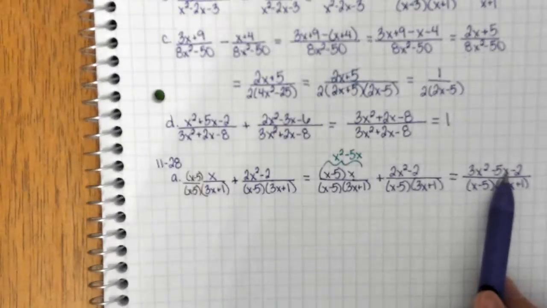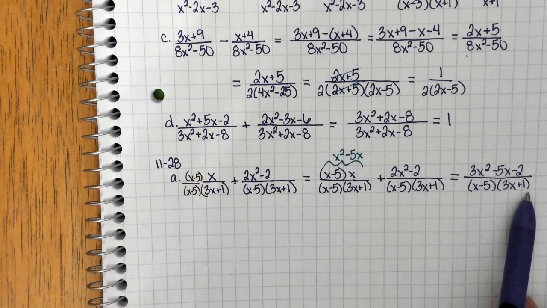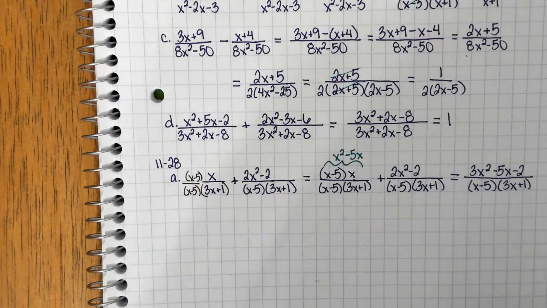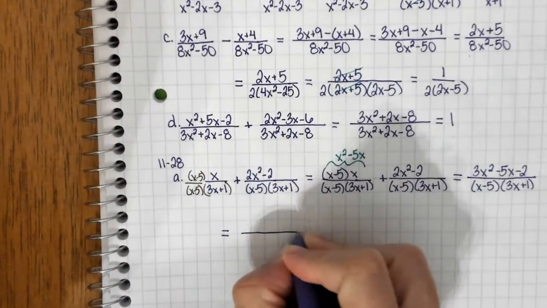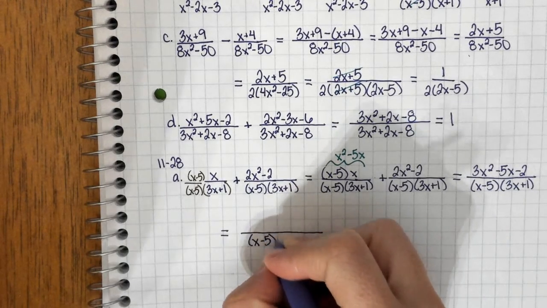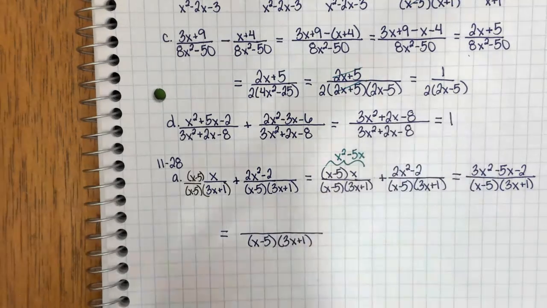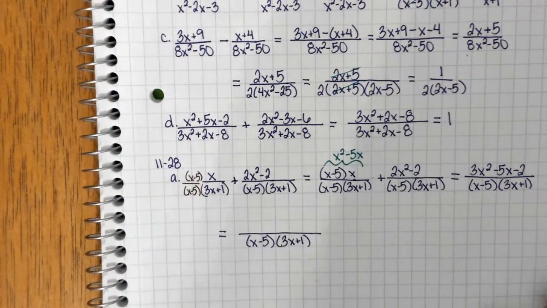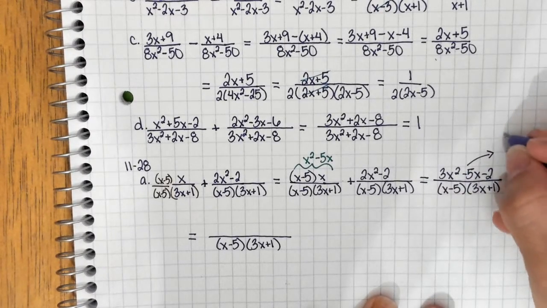From here, I got to factor the numerator. My denominator is already factored. We have to factor the numerator to see if anything will simplify. So my denominator stays x minus 5. My numerator is 3x plus 1. And remember, I don't really want to necessarily go over the factoring, but you could kind of draw an arrow.